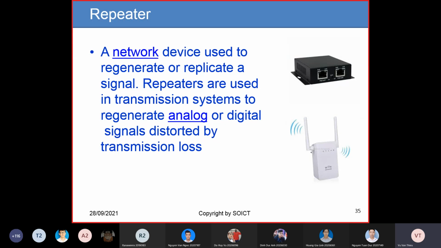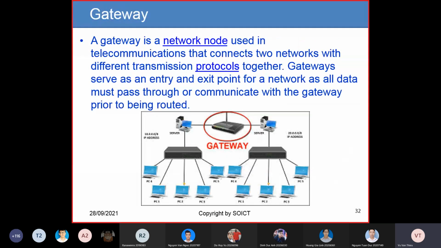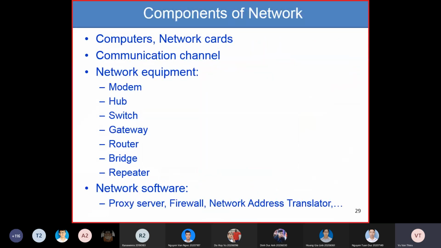So to connect your computer or equipment to the network, we first need a computer, second a communication channel, third the network equipment I talked about already, and lastly a network software.